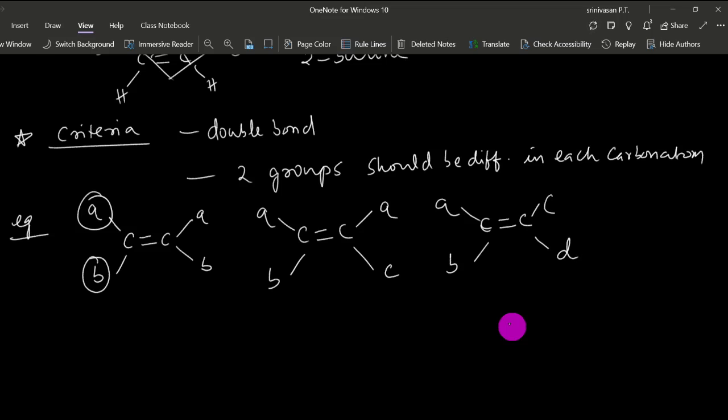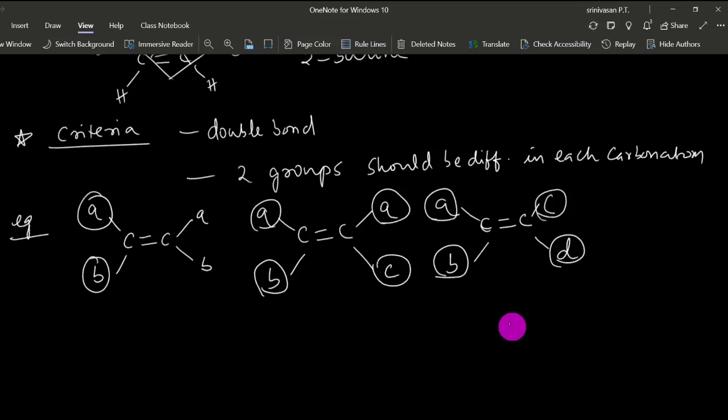So all these compounds have different attachments on each carbon. The two on this carbon are different, and the two on this carbon are different. That means this compound will exhibit cis-trans isomerism. Similarly, this will also exhibit cis-trans isomerism, and this will also exhibit it.